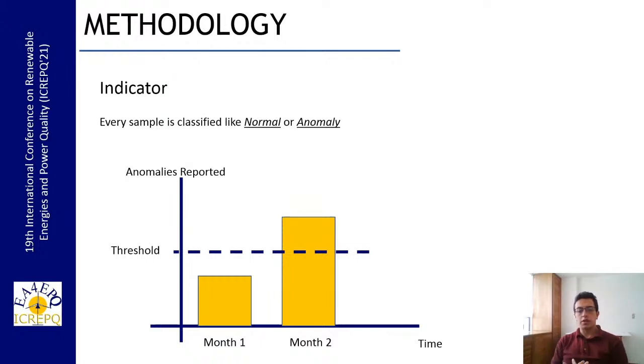We establish a threshold: every month below the threshold is classified as healthy or normal behavior, and a month where the number of anomalies reported is bigger than the threshold represents an alarm to be reported.